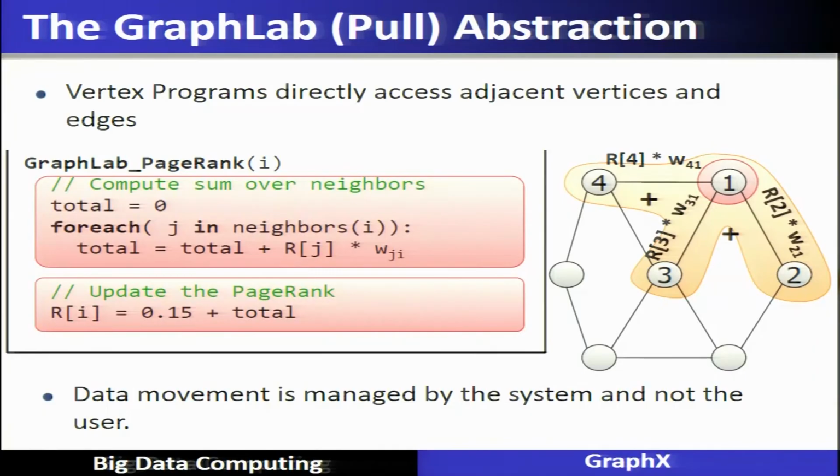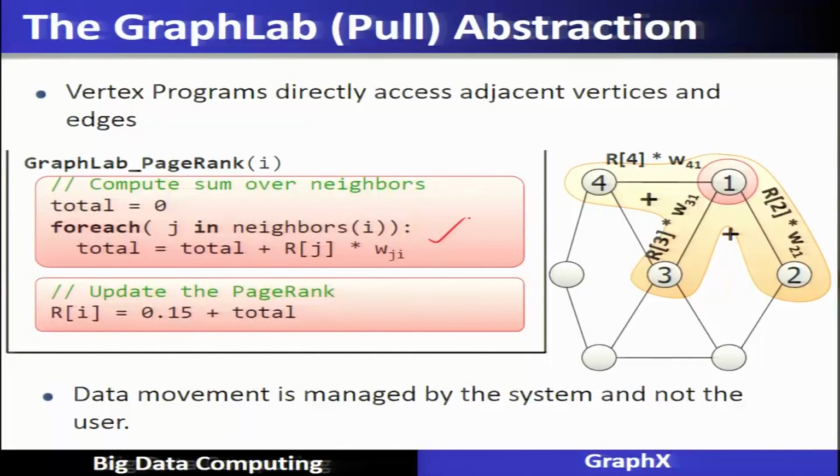GraphLab PageRank for the node i can be seen as follows: it will compute the sum over the neighbors using iterations, that means it will collect the information and compute the page ranks out of the neighboring pages' information using this particular formula, and then it will update its page rank, and that's all.